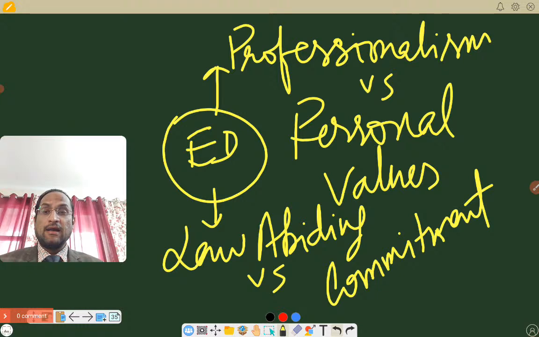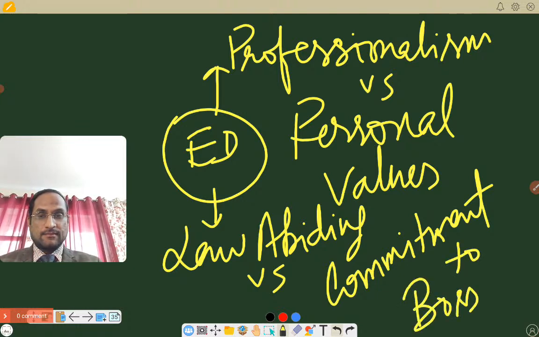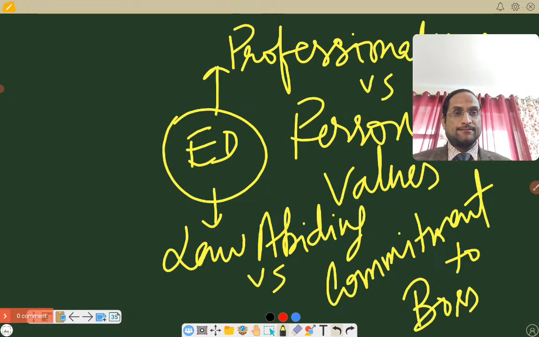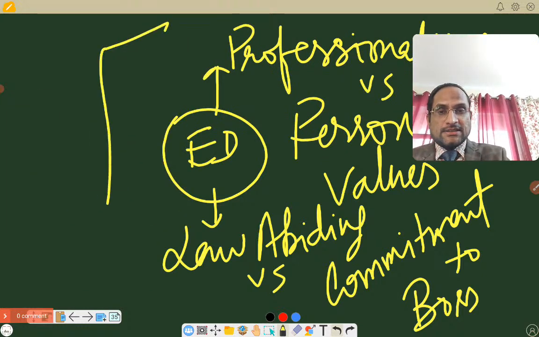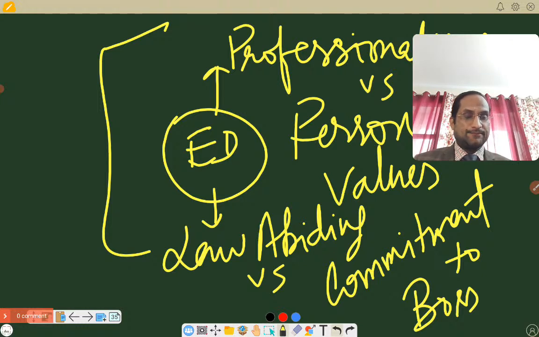So you have to understand that there is a master servant relationship. You cannot break this trust, the trust between a master and the servant. So commitment to whom? Commitment to your boss. Likewise, you can summarize the dilemma also.